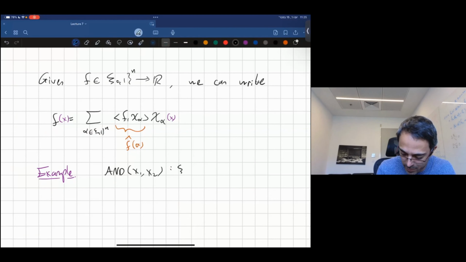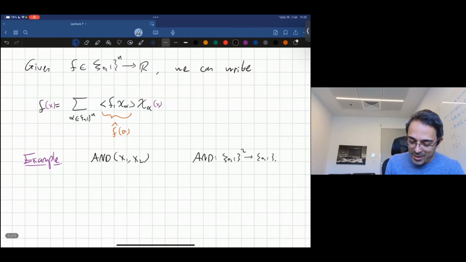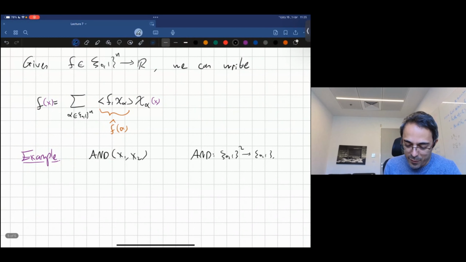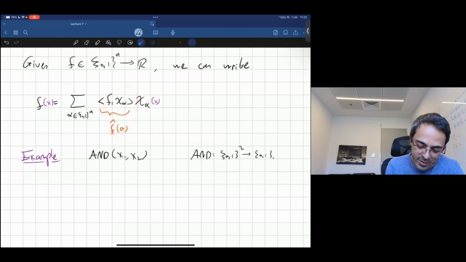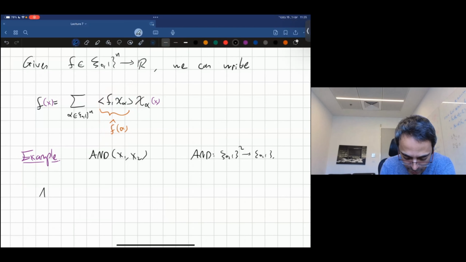AND is a function from 0, 1 to the 2 to 0, 1, and I guess you know how the function operates. These are called the Fourier coefficients. Let's start with the Fourier coefficient of the all-zeros alpha, alpha equals 0, 0.